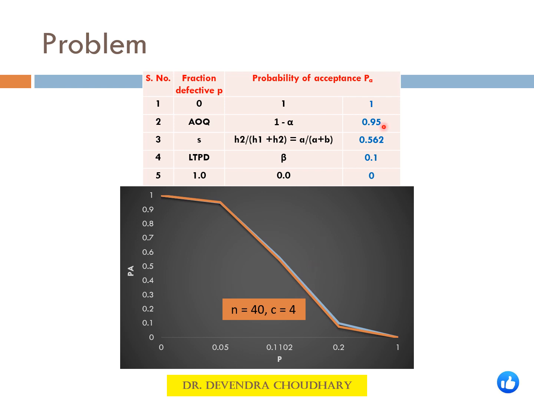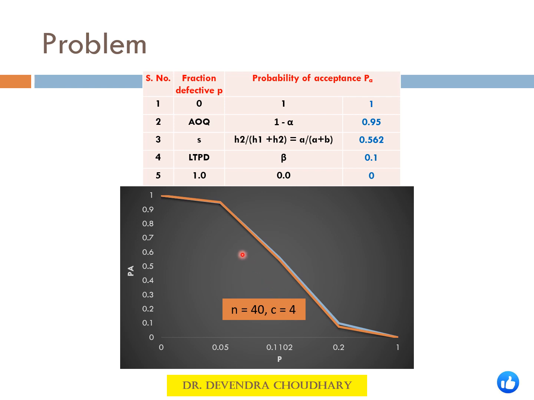You see this blue line represents the OC curve of the sequential sampling plan, whereas this brown line is for the single sampling plan having sample size equal to 40 and acceptance number equal to 4, which we obtained while designing the single sampling plan using the Larson nomograph or Poisson distribution table.